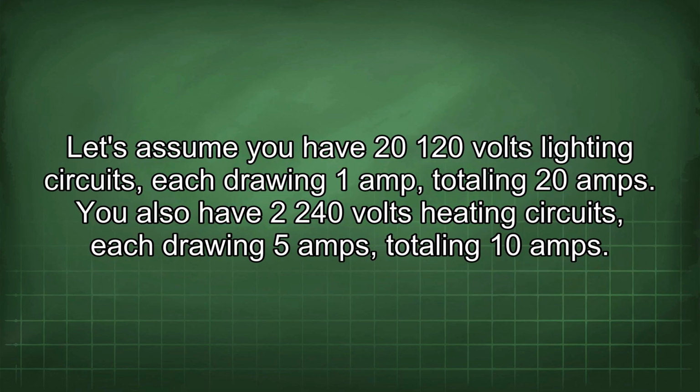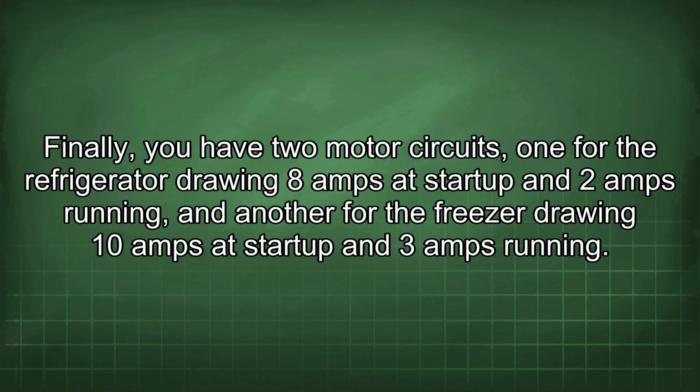Let's assume you have 120 volt lighting circuits, each drawing 1 amp, totaling 20 amps. You also have two 240 volt heating circuits, each drawing 5 amps, totaling 10 amps. Finally, you have two motor circuits, one for the refrigerator drawing 8 amps at startup and 2 amps running, and another for the freezer drawing 10 amps at startup and 3 amps running.